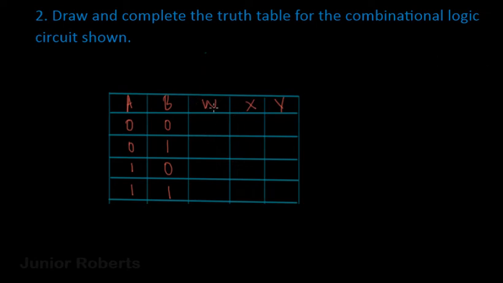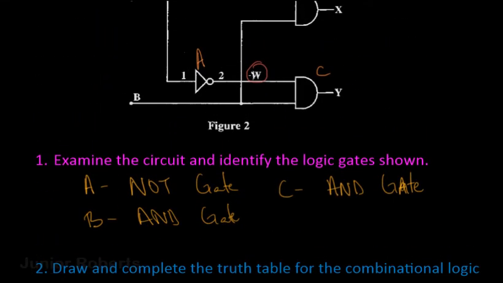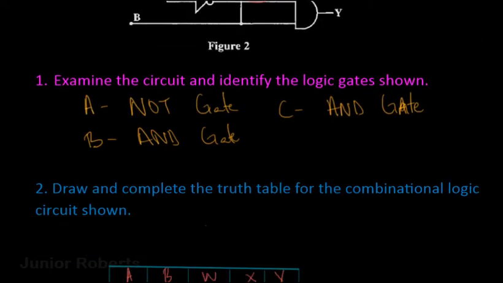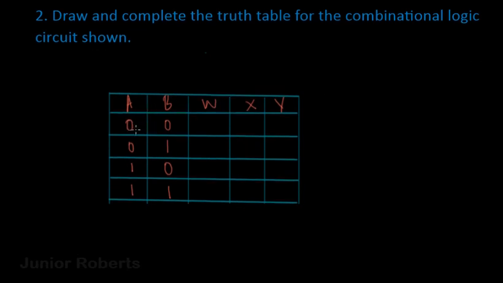Now I need to fill out column W, so I need to look at the gate that controls the output at W. Going back to the logic circuit, I see that the output W comes from a NOT gate, and this NOT gate is connected to my input A. So I need to focus on input A, consider it going through a NOT gate, and determine what will be the output at W. So we have A going into a NOT gate and producing W. Whenever we have a 0 at the input of a NOT gate, we get a 1 at the output.